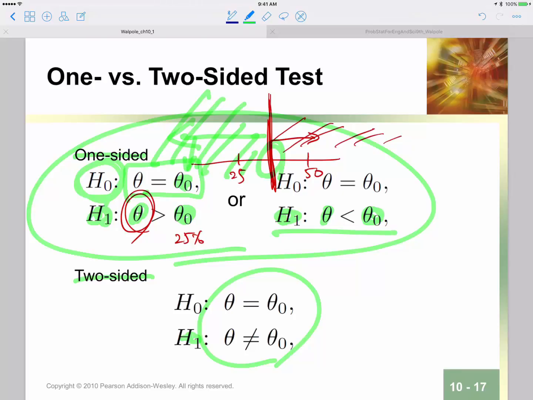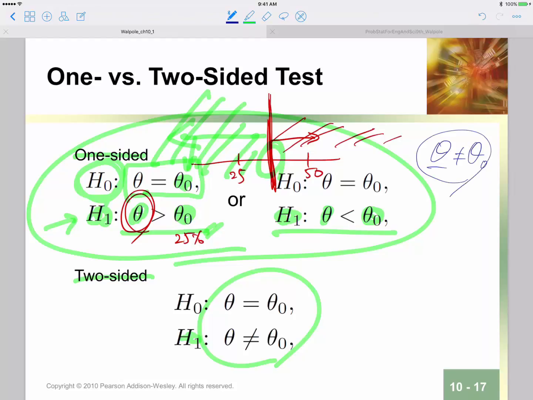But in the case of the alternative hypothesis that we want to claim, that may not have a specific value, and thus it may be represented as an inequality. Or it could be simply saying the parameter theta is not the same as the particular value theta 0.